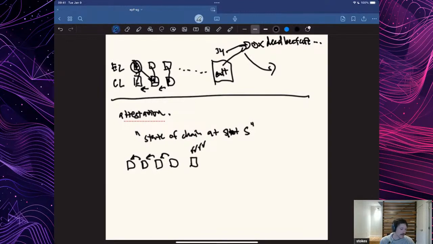If there was some other block over here that claimed the same parent, this would be a fork in the chain, right? Because these are basically saying, relative to this slot or this period in time, the next block is either this one or this one. And we need to know which one. This is the whole point of consensus: if our consensus protocol is working, we're going to pick just one, because there needs to be a unique sequence.